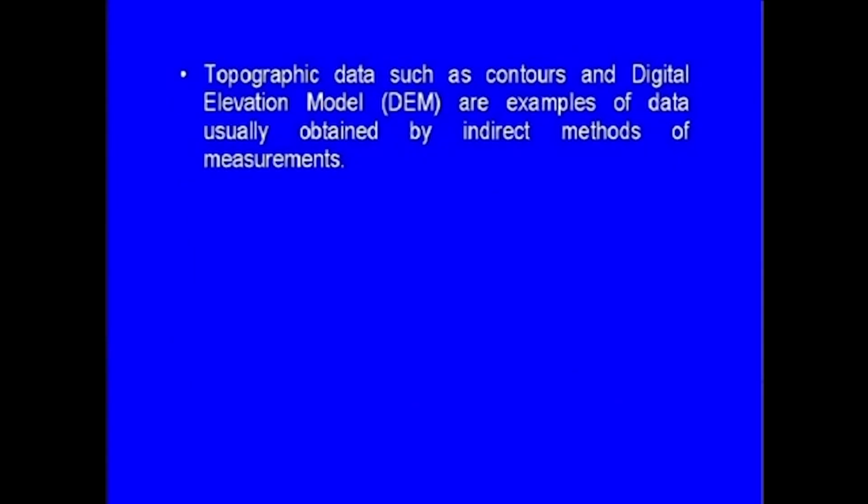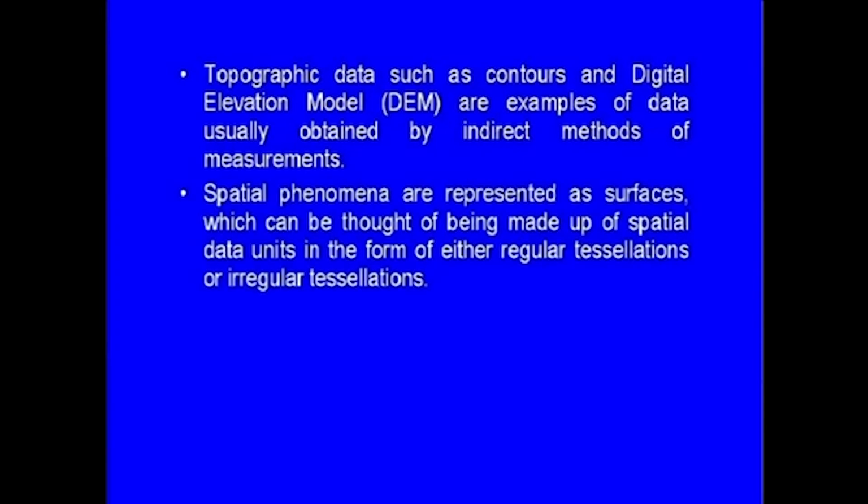Topographic data such as contours and digital elevation models are examples of data usually obtained by indirect methods of measurement. Spatial phenomena are represented as surfaces which can be thought of as being made up of spatial data units in the form of either regular tessellations or irregular tessellations.